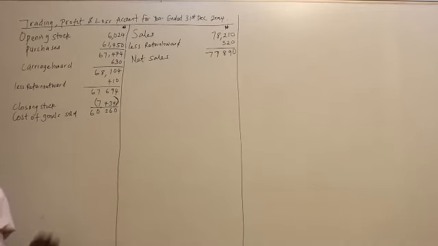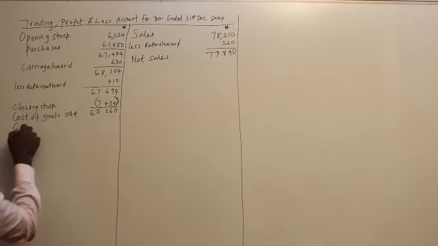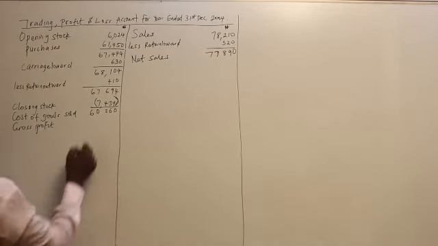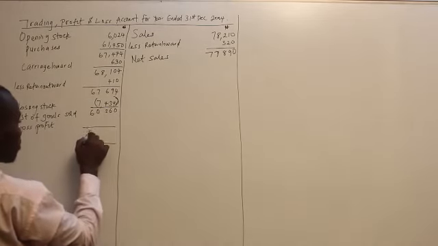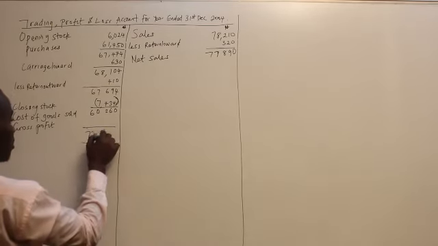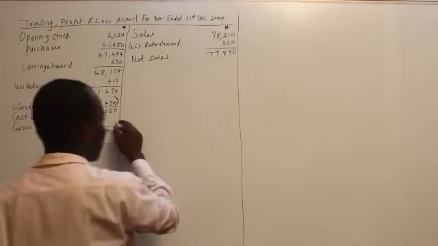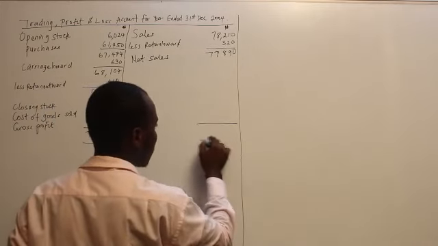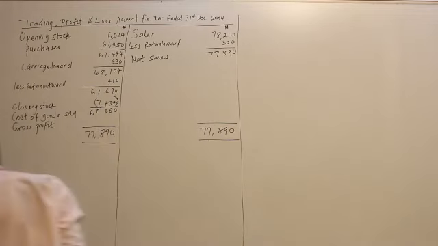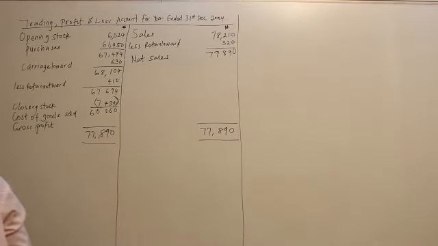So then we have our gross profit. We can have a balance account. We get 77,890, and it gives us 77,890. So you can have a balance account.